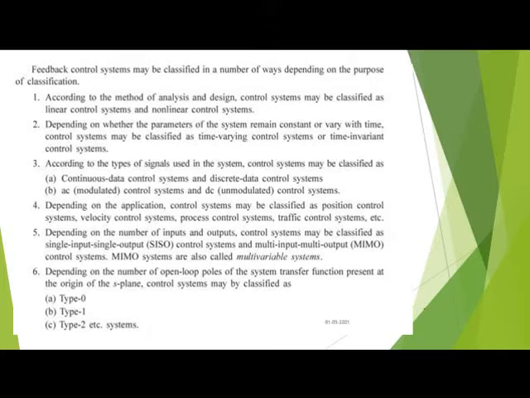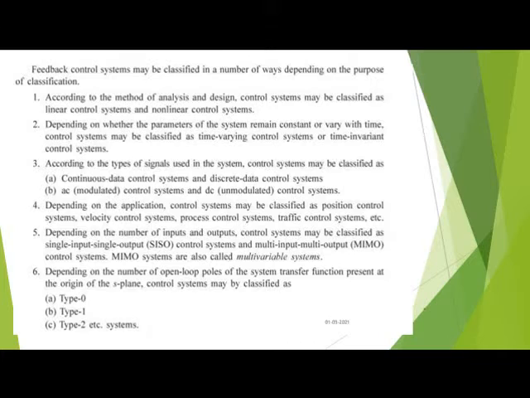Depending upon application also, that is position control, velocity control, process control, traffic control, these are all applications of control systems. Next, depending on the number of inputs and outputs, there is single input single output, and multi input multi output. The last one, depending on the number of open loop transfer function poles present at the origin of the S plane, the control system may be type 0, type 1 and type 2.